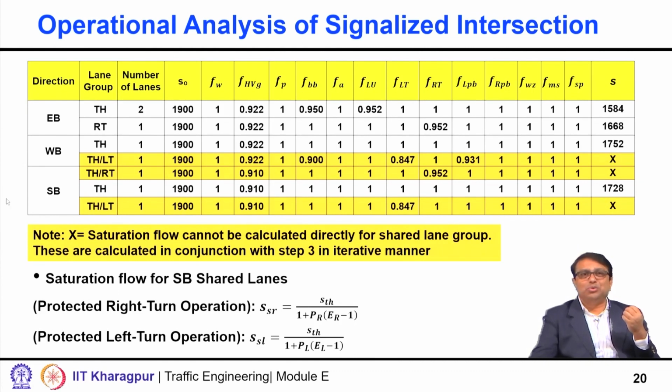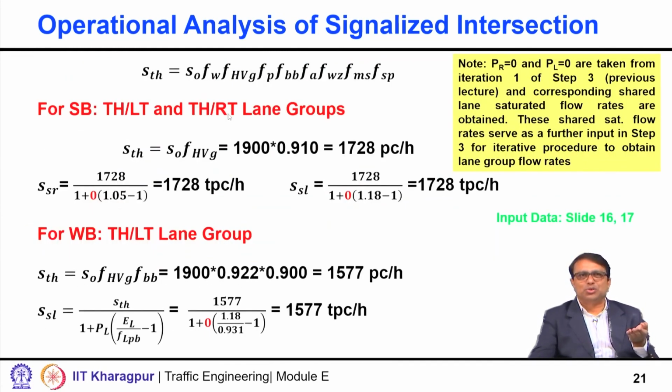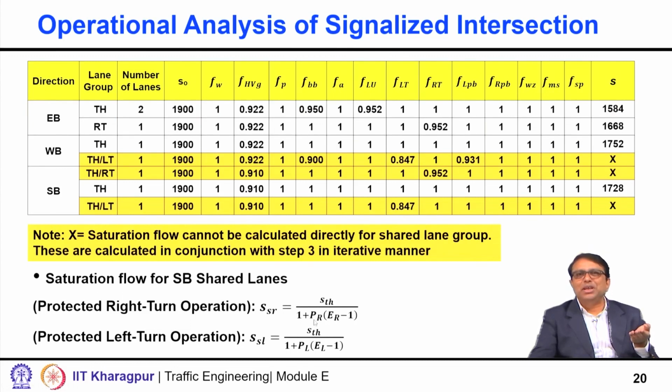This value will also depend on the proportion of left turn and right turn. So, every iteration when you are doing the calculation in step 3, your proportion of left turn, right turn is as applicable for an approach. Say for southbound shared lane, both left turn and right turn will be there, but for the through lane for westbound it will be only the left turn. So, it depends on the PR.